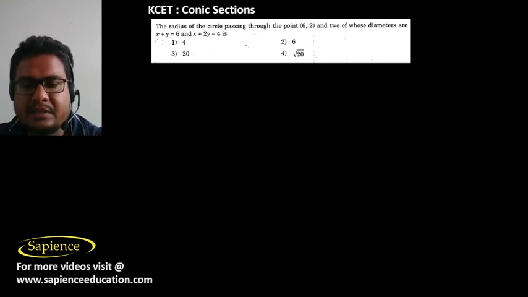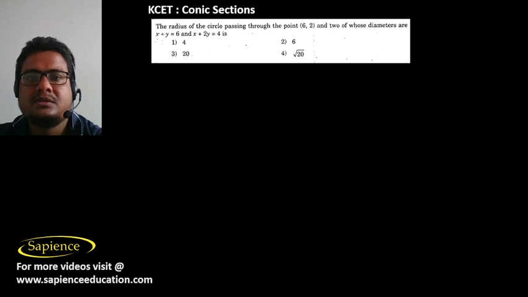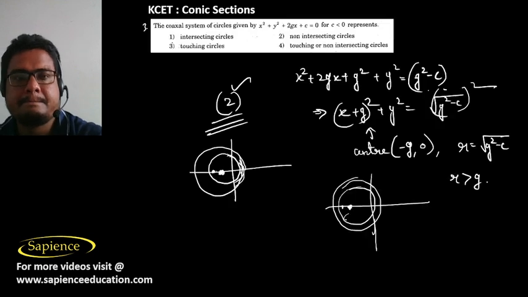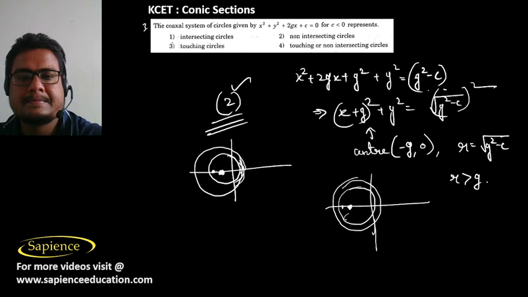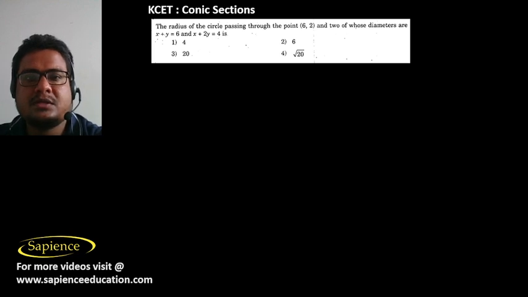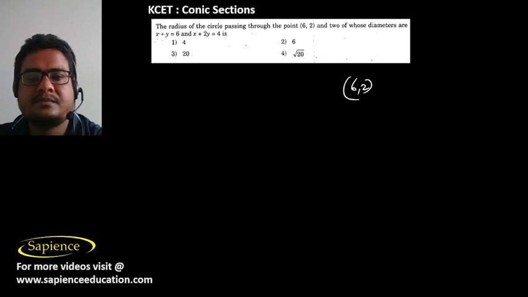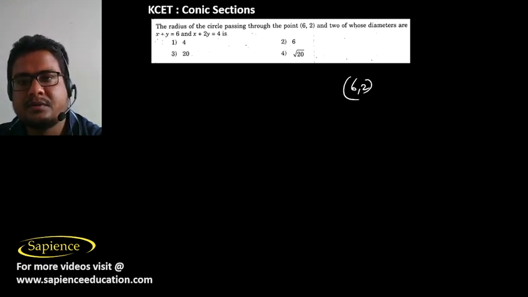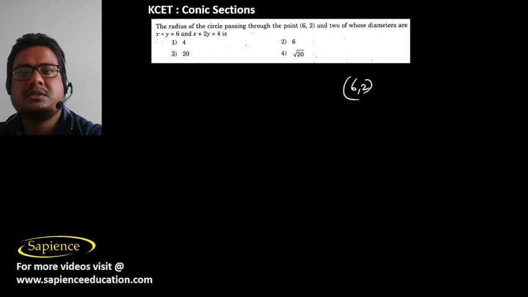Then the radius of the circle passing through the point 6 comma 2, and two of whose diameters are x plus y equal to 6 and x plus 2y equal to 4, is. So the point of intersection of the diameters is their center.